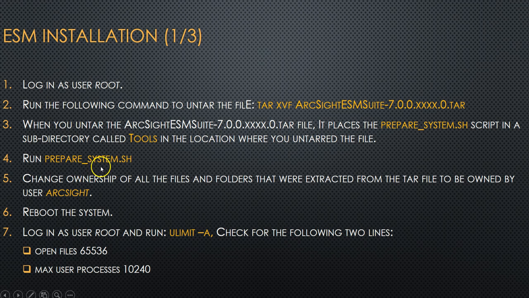Actually, prepare_system.sh made some modifications to the system limits. So after the reboot, we need to verify that these limits are set: open files is 65,536, and the maximum user processes is 10,240.